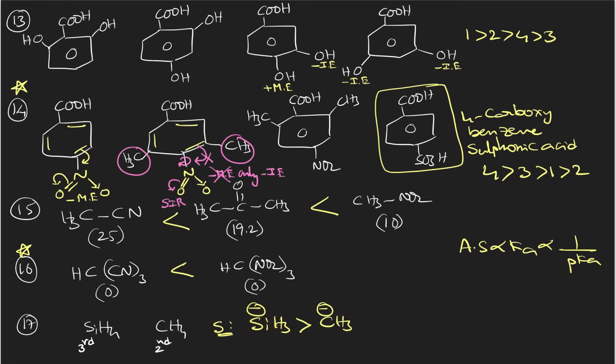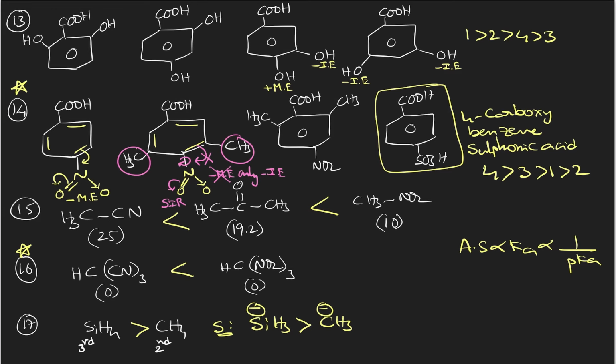Accumulation of negative charge or electron density on a bigger atom can be better than on a smaller atom. Suppose this is a silicon atom. So negative charge accumulation will be like this. Whereas on a smaller atom, the same unit negative charge accumulation will be like this. So electron density thickness will be more in the case of the smaller atom, therefore stability will be lesser. So as the conjugate base of silicon hydride is more stable, its respective acid is more acidic.